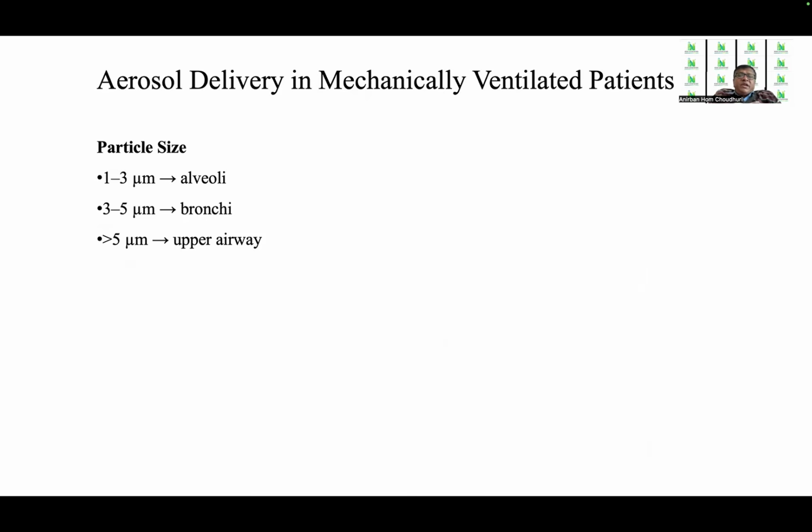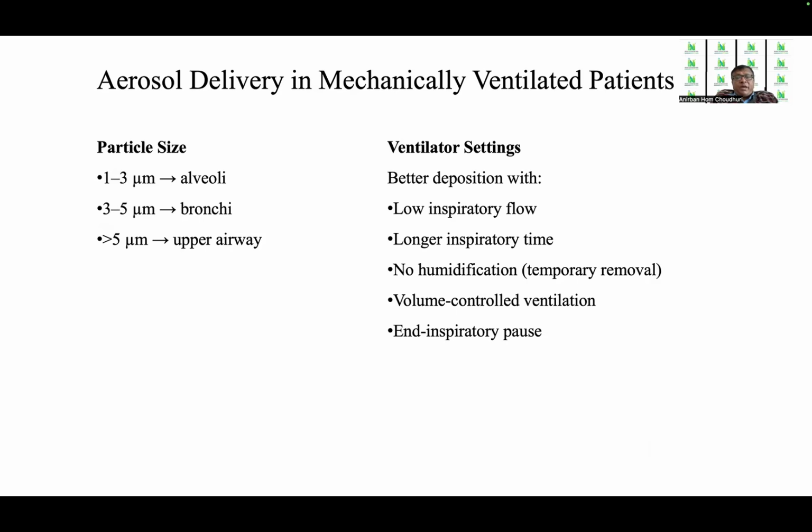For aerosol delivery in mechanically ventilated patients, the particle size has to be 1 to 3 micron to be delivered in the alveoli, 3 to 5 micron for bronchus, and more than 5 micron in the upper airway. So in the ventilator settings, one needs to know that better deposition or better pharmacokinetics is achieved with low inspiratory flow, longer inspiratory time, and no humidification for the time being.